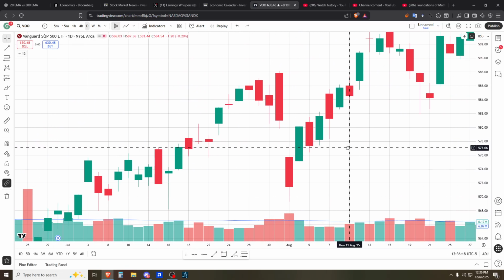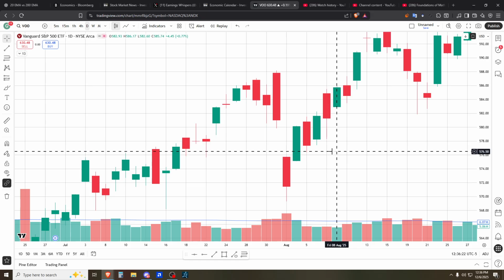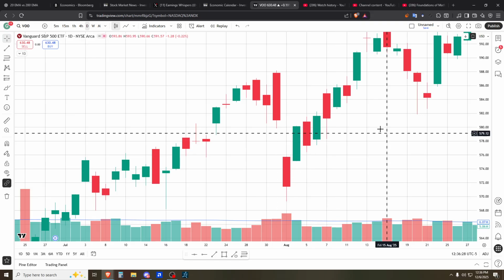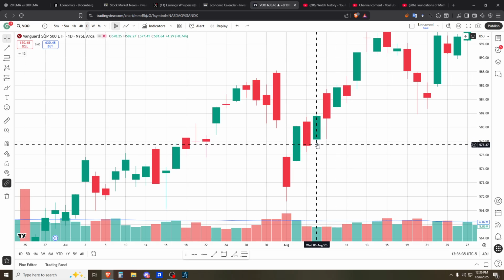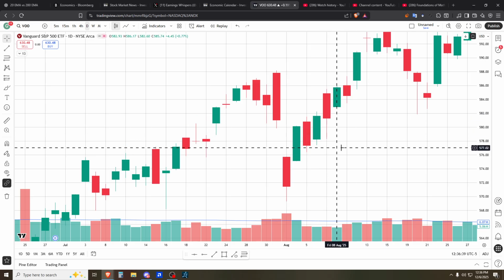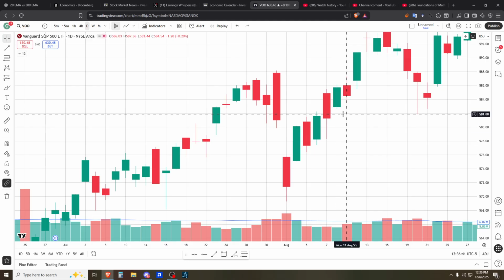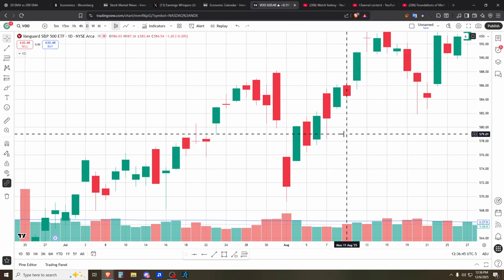So basically, when you look at a candle, it represents where price was at a time, where price closed, and where price opened. Green candles always open from the bottom, and they close at the top. Now these two things on top and bottom of the green candle or the red candle are called wicks.